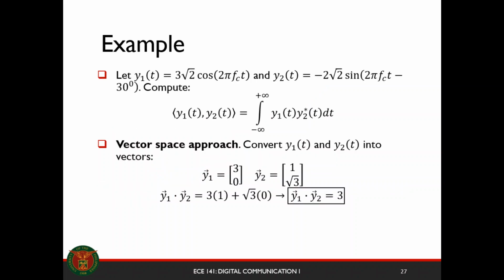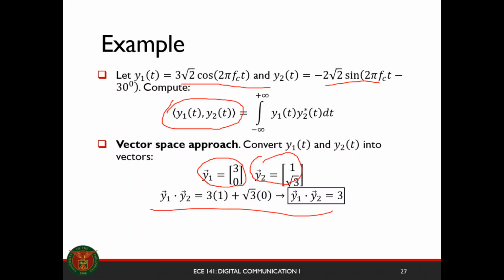For example, let y1 be this signal, y2 be this signal. Compute their inner product. So let's do the vector space approach. Then we can represent them as vectors. Okay?